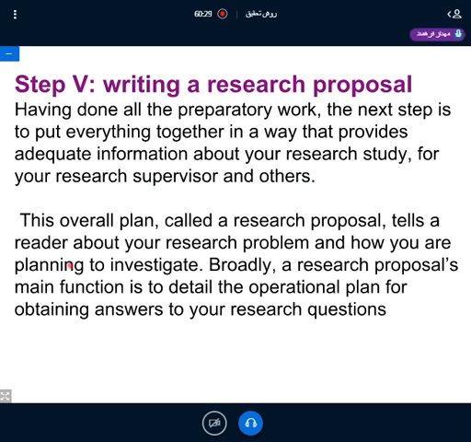This overall plan, called a research proposal, tells the reader about your research problem and how you are planning to investigate. Broadly, a research proposal's main function is to detail the operational plan for obtaining answers to your research questions.